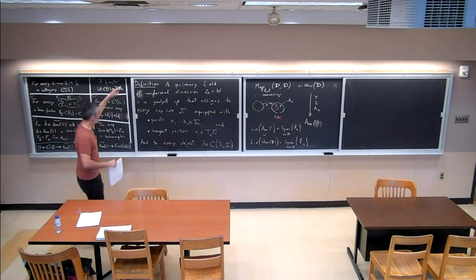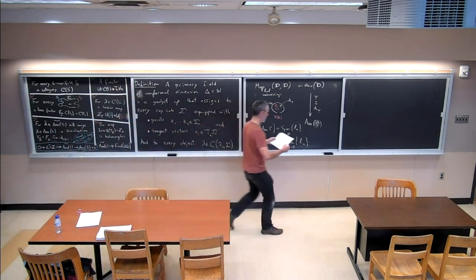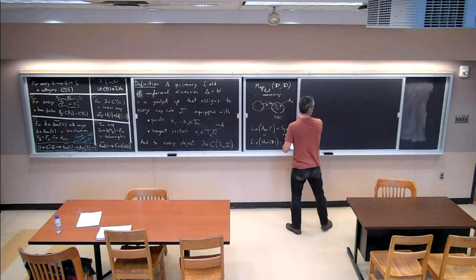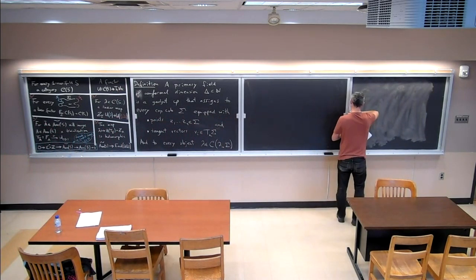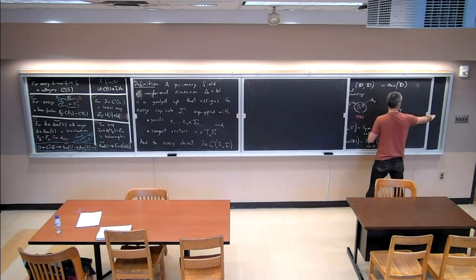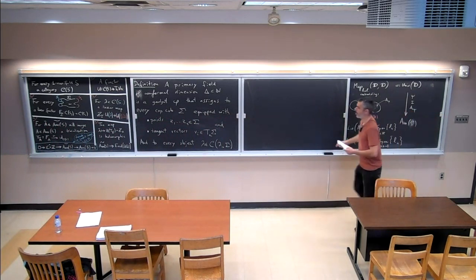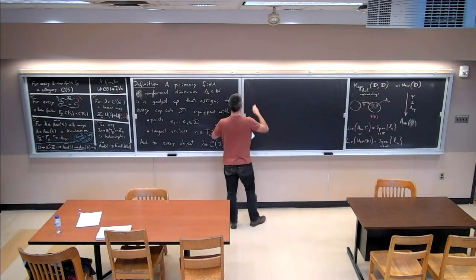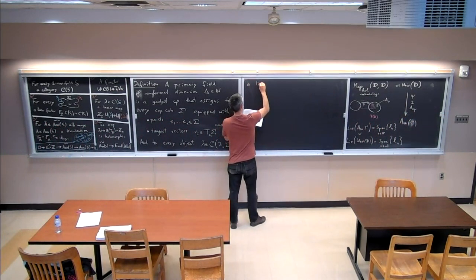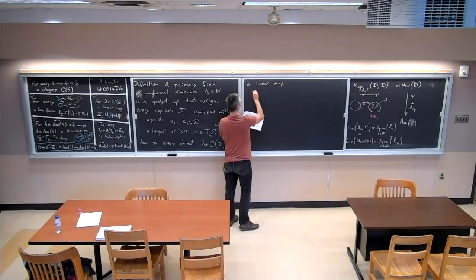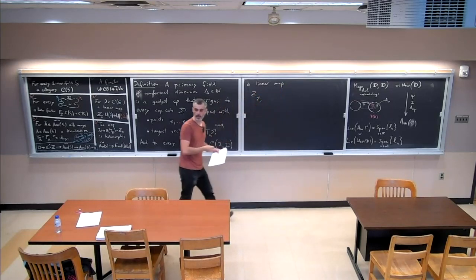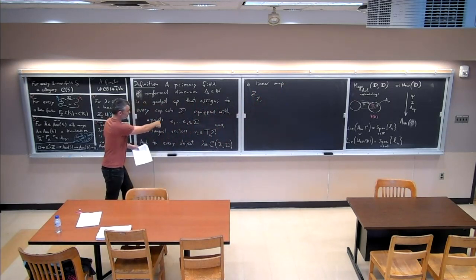So it assigns to every one of these a linear map Z sub sigma modified by all these things.